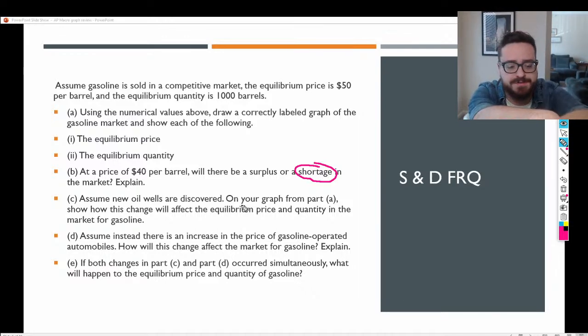If gas-powered cars are a bunch more expensive, what might I do? I might buy a not gas-powered car. I might buy a hybrid. I might buy an electric car. Either way, if I buy either of those other cars, I'm not going to need gas as much. So that would be a decrease in demand. I won't want gasoline as much because I won't want the car that requires gasoline as much.